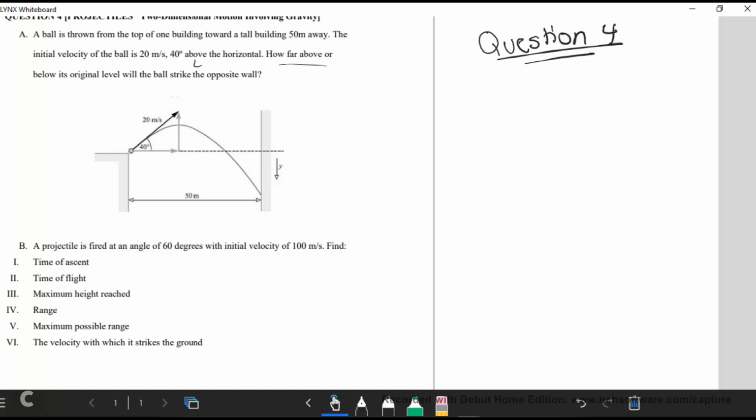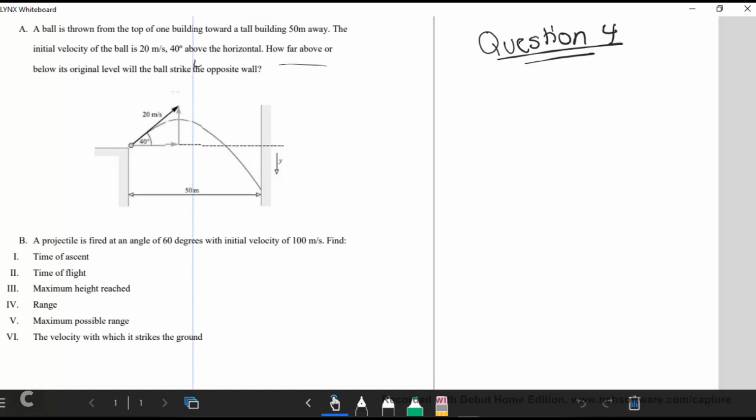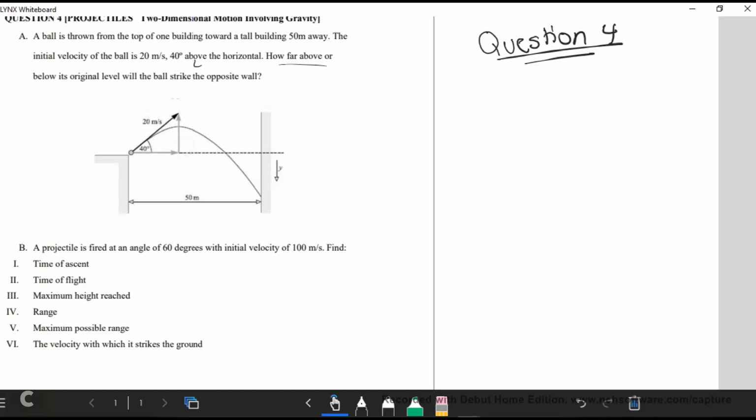The initial velocity of the ball is 20 meters per second, 40 degrees above the horizontal. How far above or below its level will the ball strike? So they're asking how far from this point up there the ball will strike.